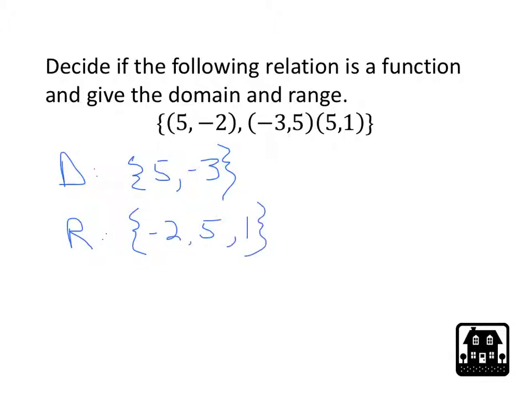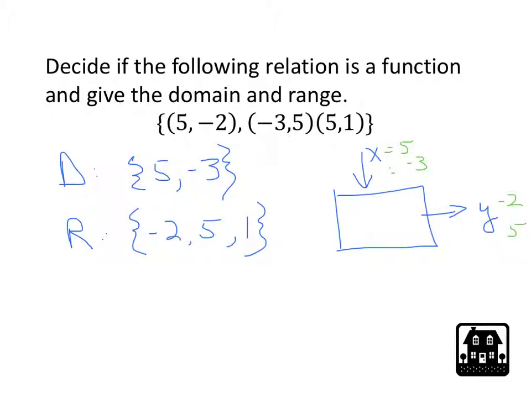Okay, and to determine if it's a function, we want our x value, or our input, to go into our function box, and we want a dependent variable y to come out of it. And for every x value, the same x value cannot produce 2 different y values. So if x is 5, y is negative 2. If x is negative 3, y is 5.